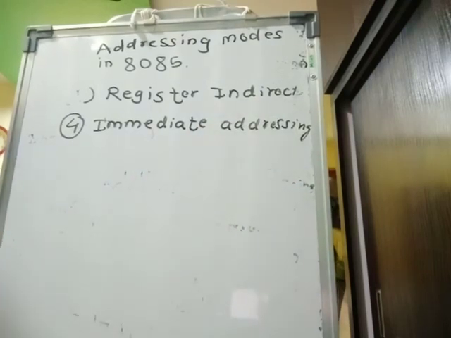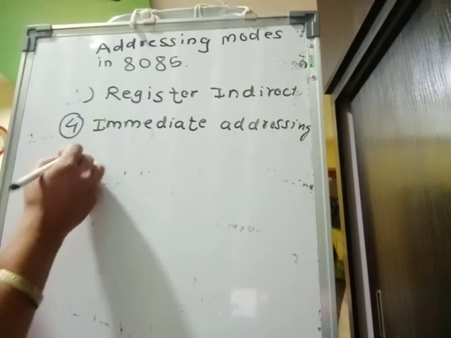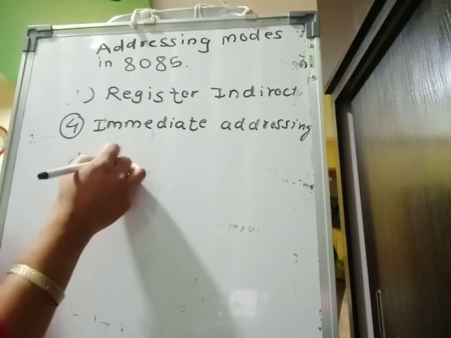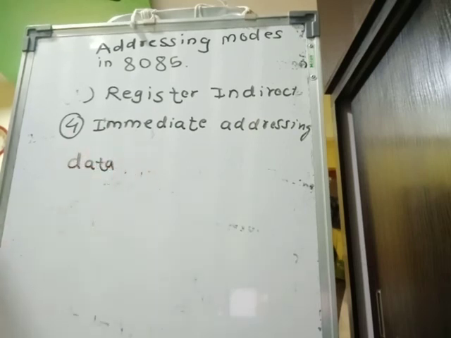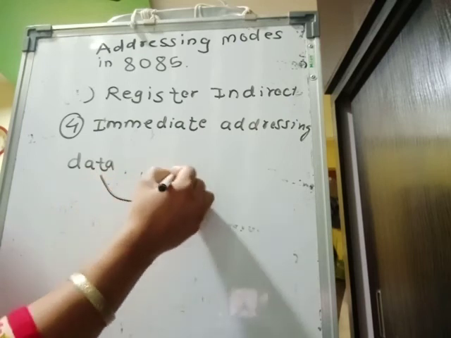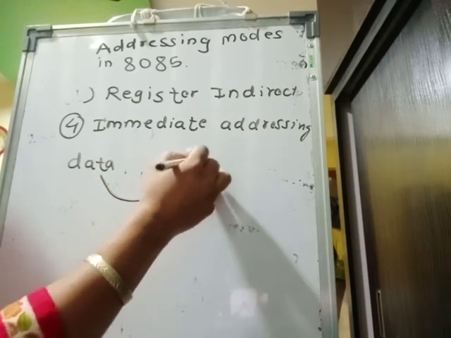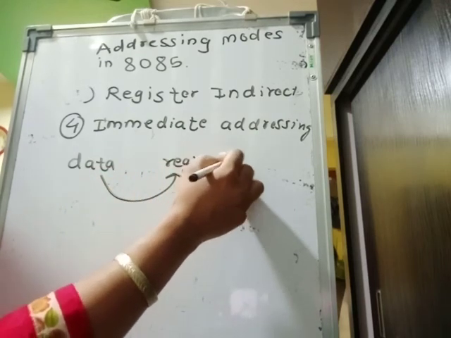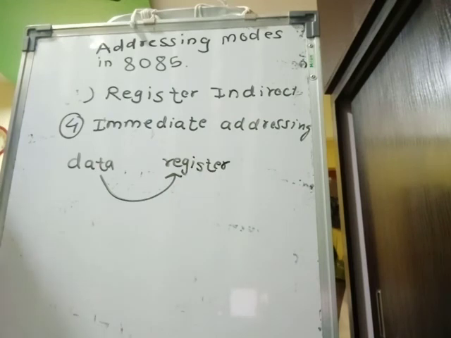Now when data, or we can say the operand, is directly transferred to the register, it is known as the immediate addressing mode, and these instructions are of 1 or 2 bytes.